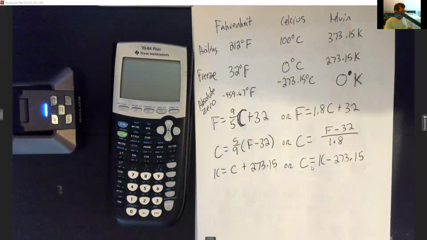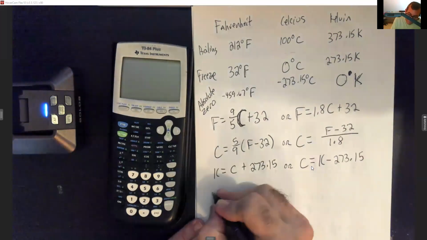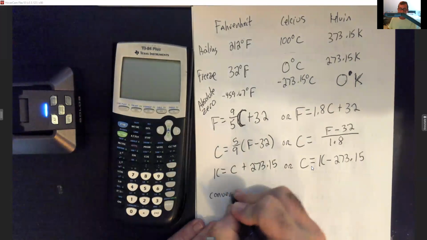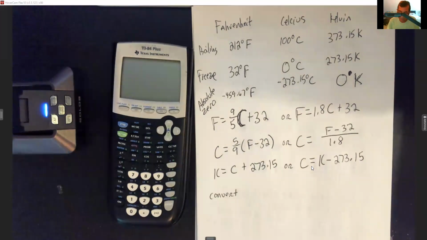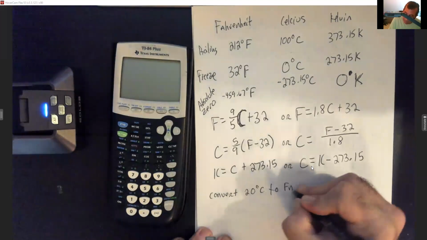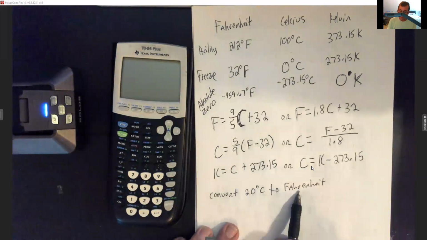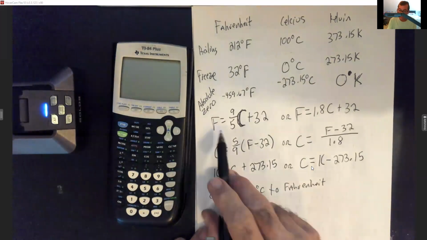Alrighty, let's do one of these. Let's convert 20 degrees Celsius to Fahrenheit. So to go from Celsius to Fahrenheit, I'm looking for the Fahrenheit when I know the Celsius.